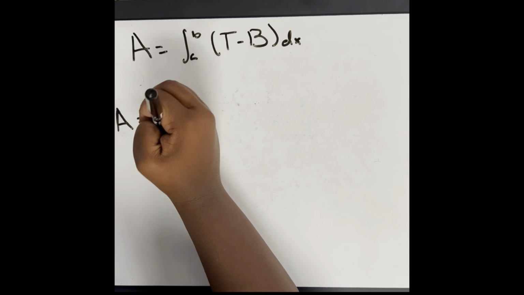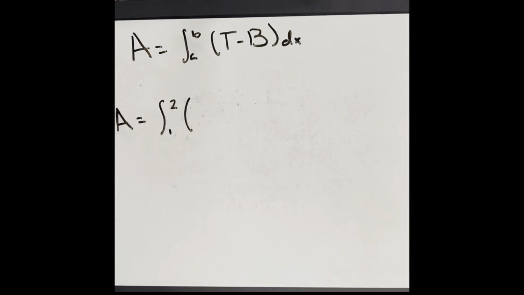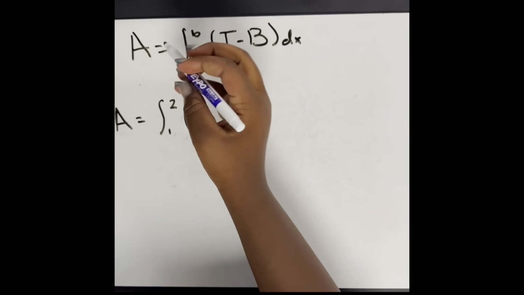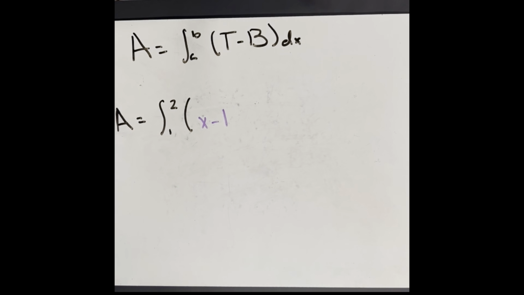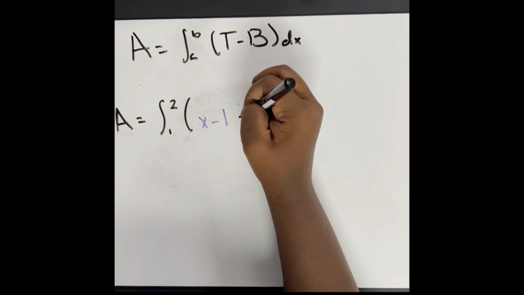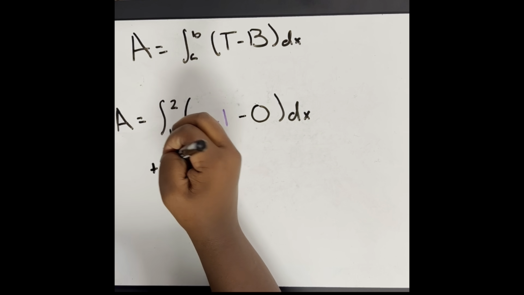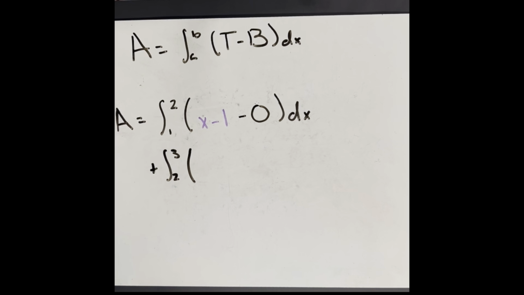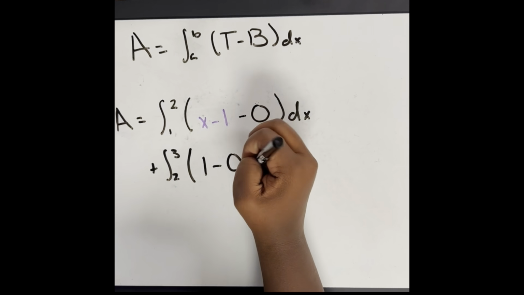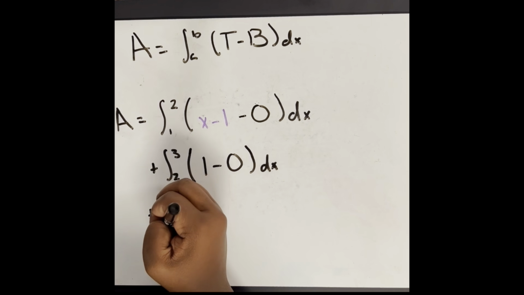From 1 to 2, the top is y equals x minus 1 subtracted by the bottom, which is 0. From 2 to 3, the top is 1 while the bottom is 0. From 3 to 4, the top is 1 while the bottom is y equals the square root of x minus 3.